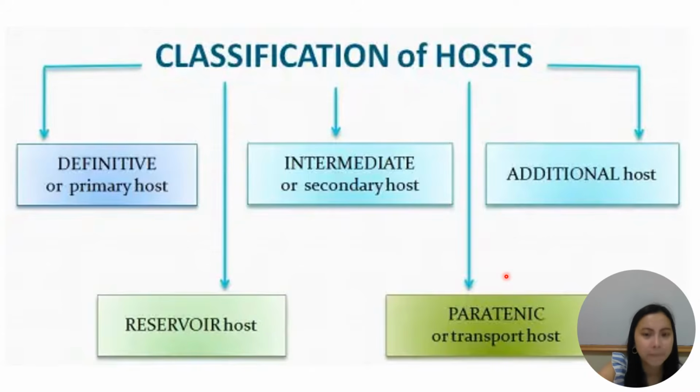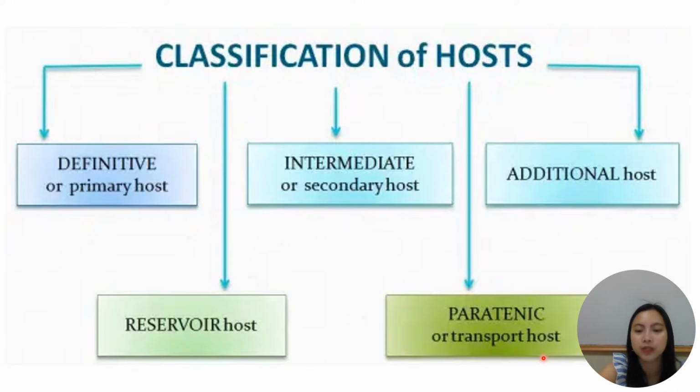While for the paratenic host class, this is where the parasite does not evolve or develop any further to later stages. However, the parasite can remain alive and is able to infect another susceptible host. Thus, it's called a transport host, right?